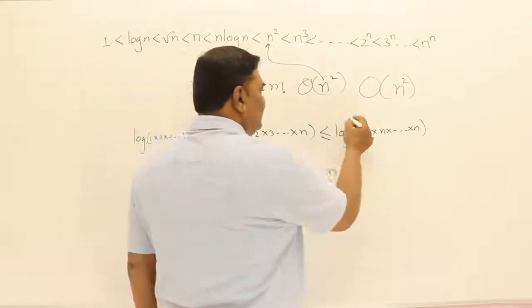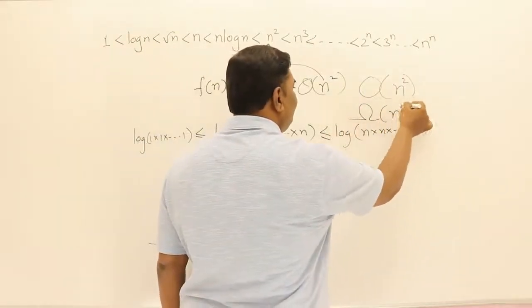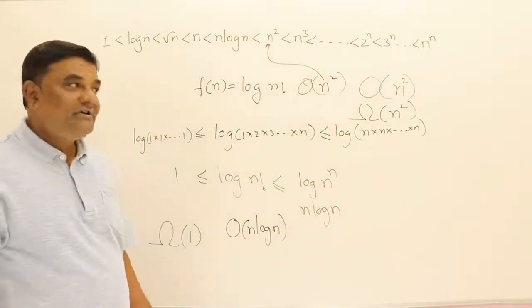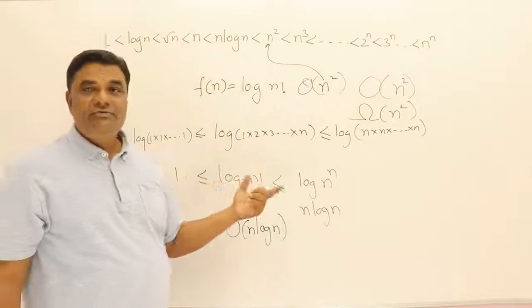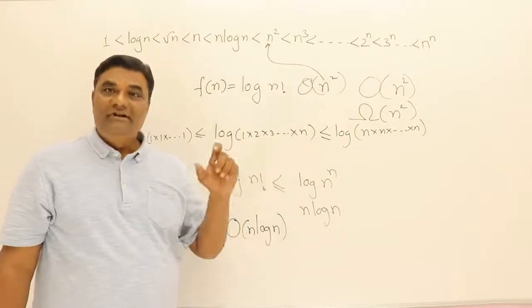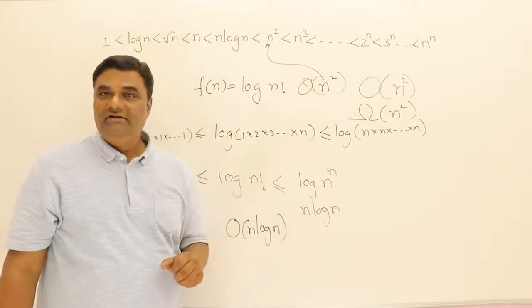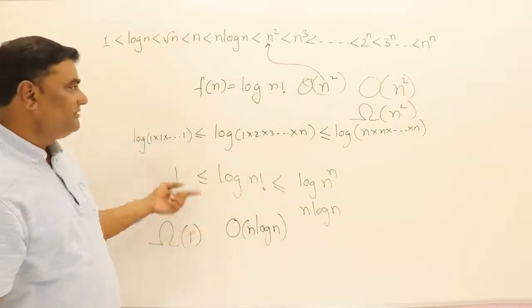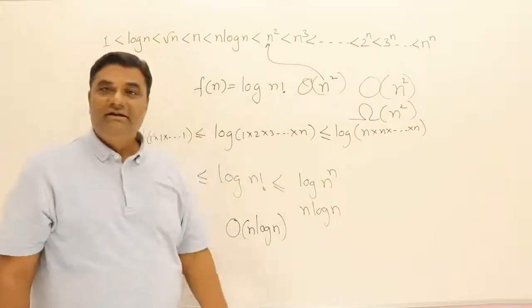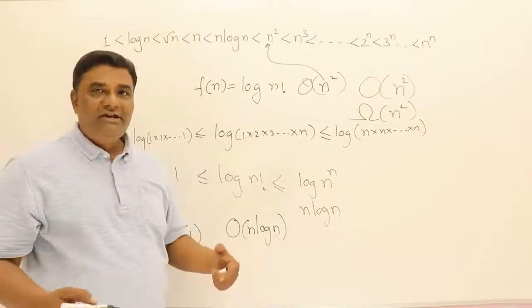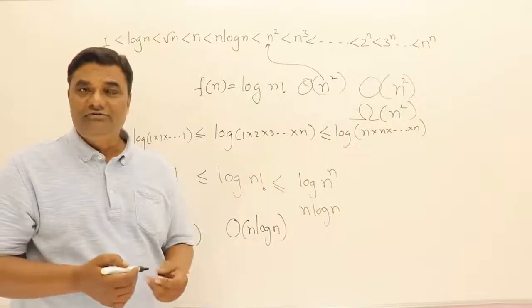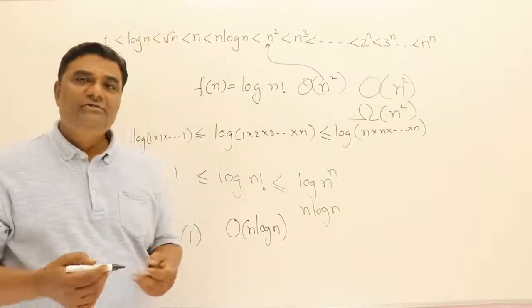When you are using omega, it also means that you may be giving a lower value, which may or may not be the nearest one. So that's why big O or omega are used when you are not sure about the exact one. That is the meaning it gives. So that is much more suitable for n factorial and log n factorial, but you can use them for any purpose. It's not a rule that you must use theta only. You can use any notation.